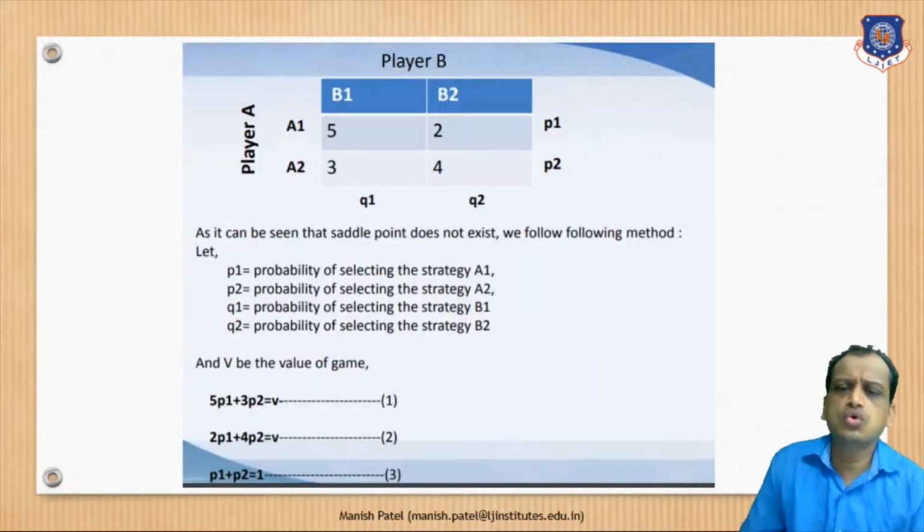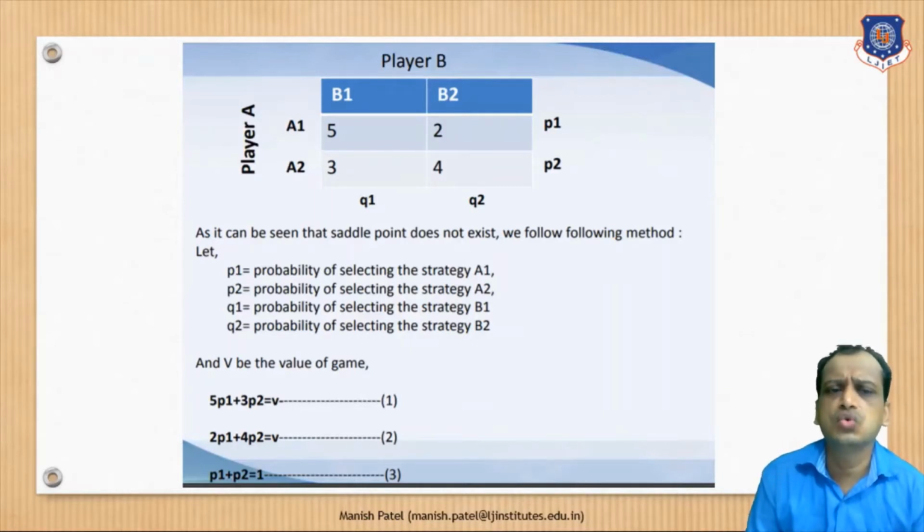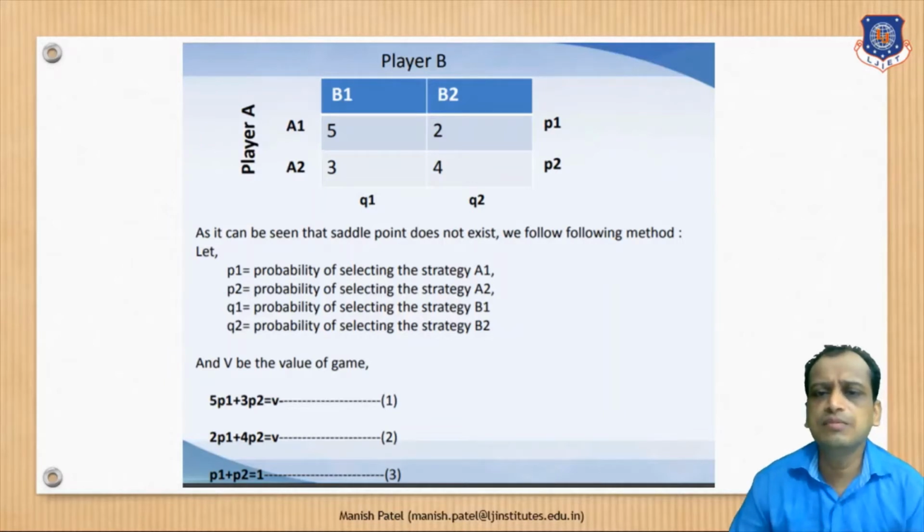So here 2 cross 2 matrix is given, right? Obviously this method is applied to the 2 cross 2 matrix, right? So here one example is given, 2 cross 2 matrix, where two players are given. The course of actions of two players are given, right?